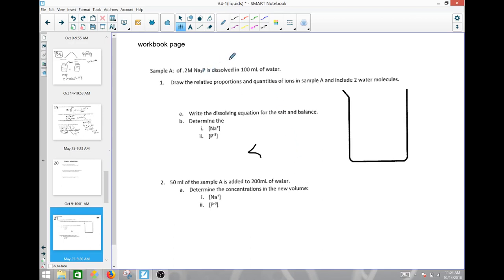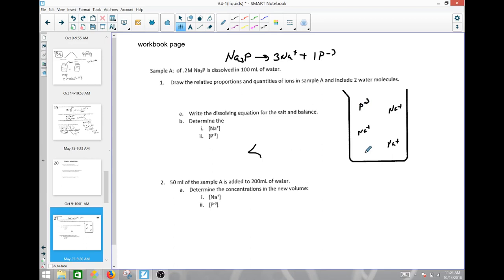Okay, so as I mentioned, Na3P dissolves to form 3 Na+ plus 1 P 3-. And I would just show this as Na+, Na+, Na+, P 3-.